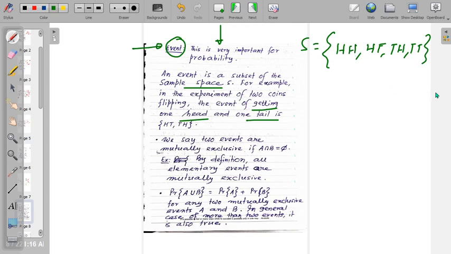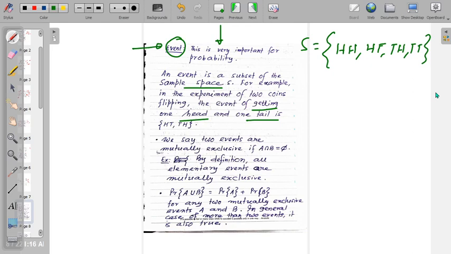Once we have the sample space ready, we can have a meaningful event that can be customized by us, based on the objective. Some of the events will be defined as a subset of the sample space.